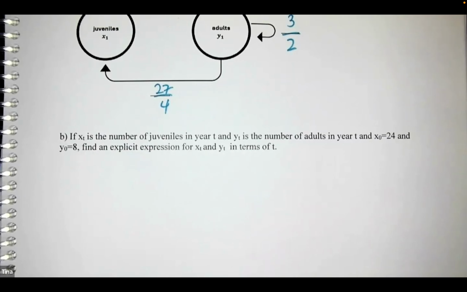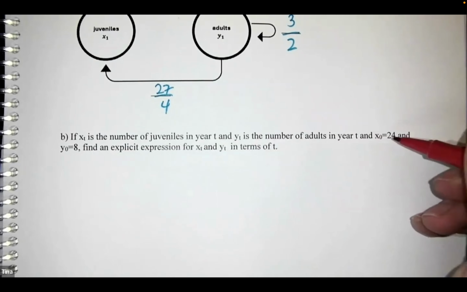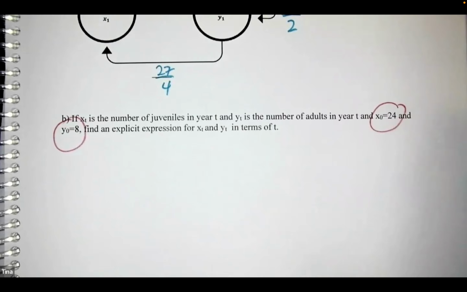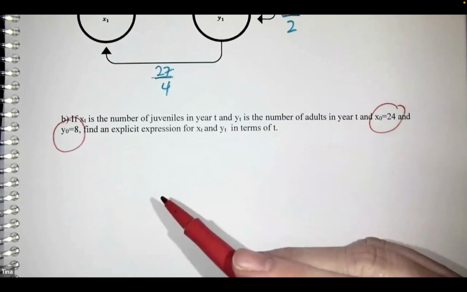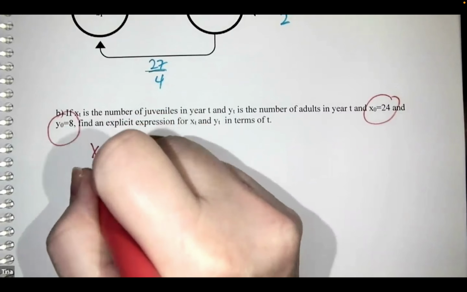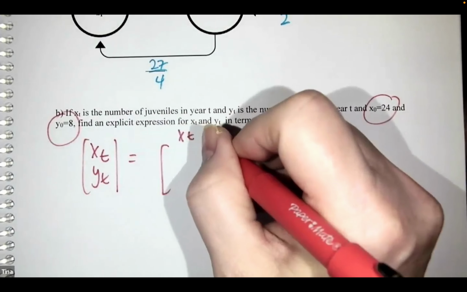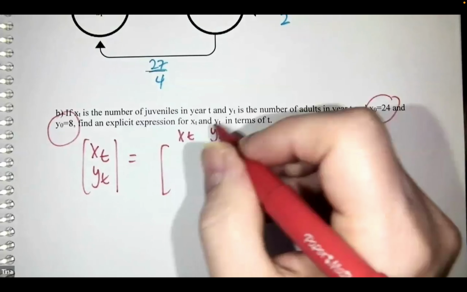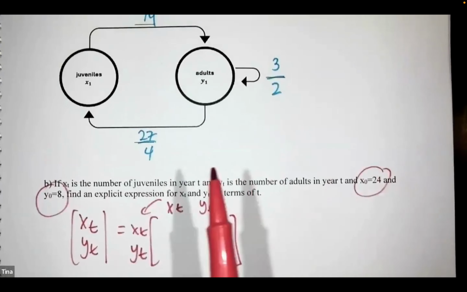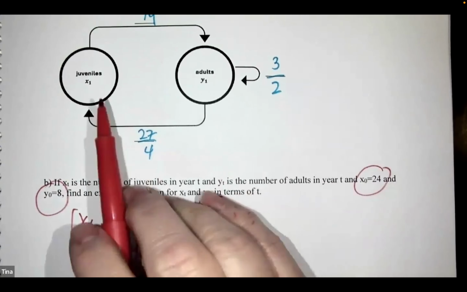So if xt is the number of juveniles in year t, yt adults, and x naught is 24 and y naught is 8, find an explicit expression. So this is juveniles and adults. It's recursion. There's not going to be an e. So my xt, yt, or you can say just juvenile adults, doesn't matter as long as you know how to write your matrix. So juvenile to juvenile, there's nothing.